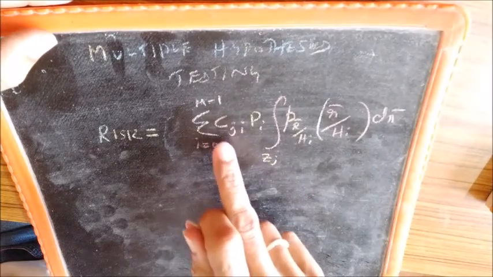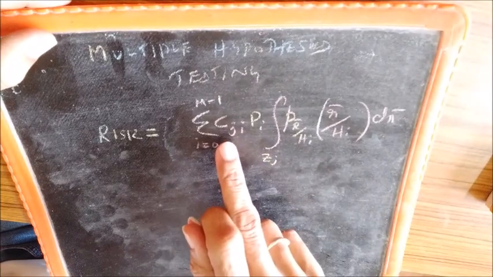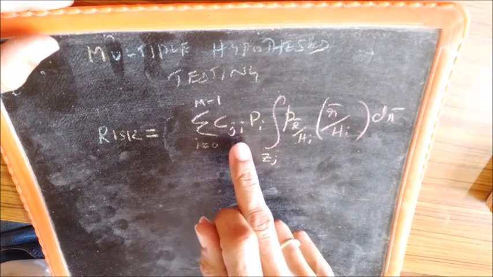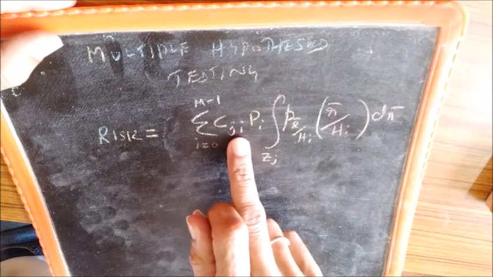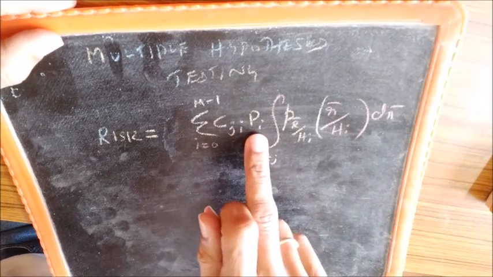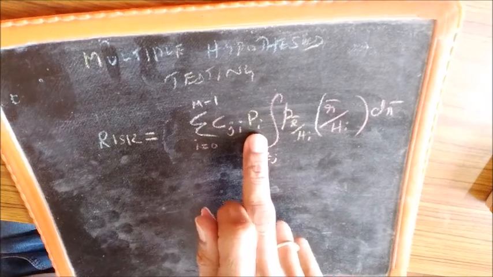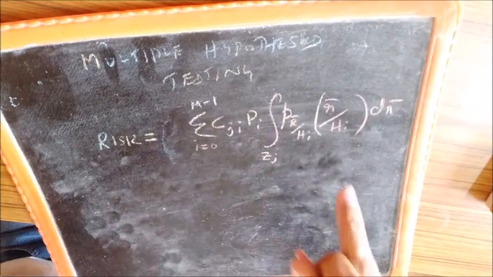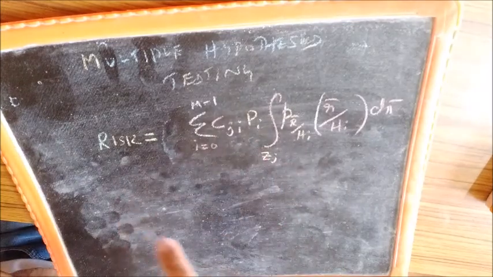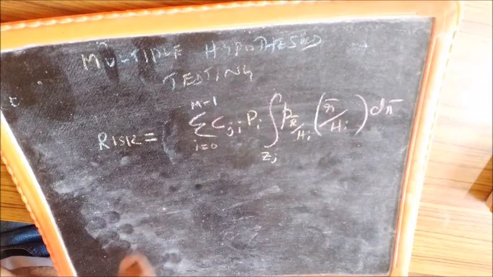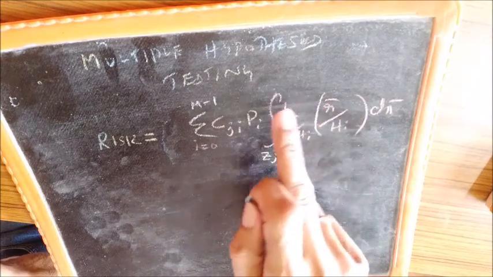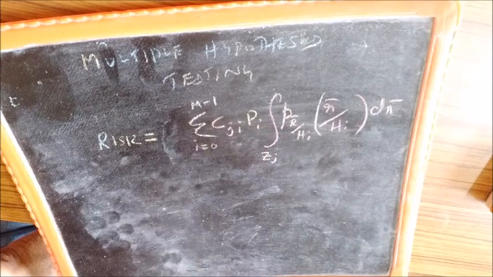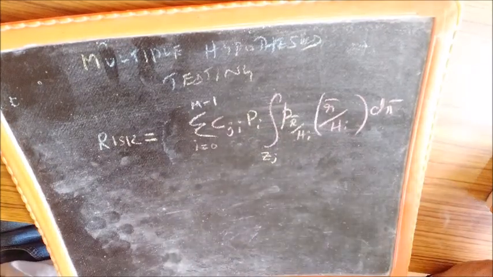So you can see that Cji is the cost incurred when we declare Hj as the hypothesis when Hi was the true hypothesis, Pi is the probability of Hi being the true hypothesis, and this integration is over a region Zj, over a partition Zj of the observation space Z, and what I have inside the integration here is the density function of the received random vector when Hi is the true hypothesis.